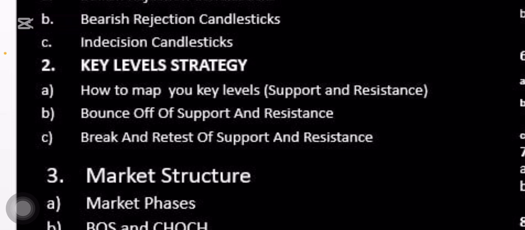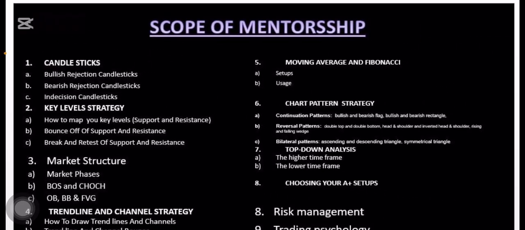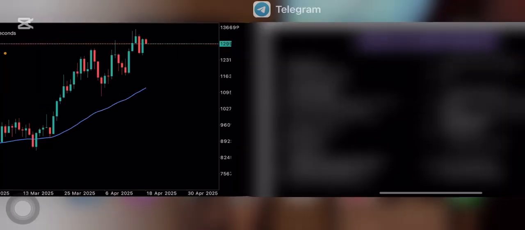Now the second subheading will be bounce off of support and resistance, bounce off of key levels. And then the last one will be break and retest of support and resistance, break and retest of key levels.